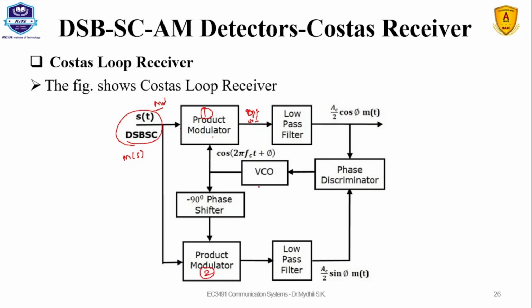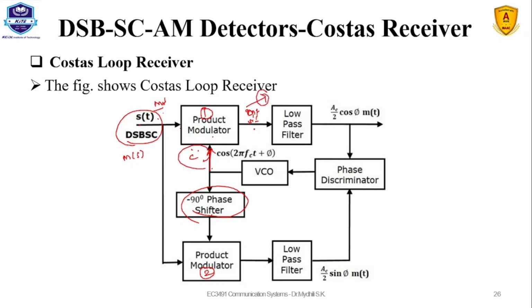For this case, we have a local oscillator, a voltage control oscillator, which produces the carrier as direct input to product modulator 1, whereas for the second modulator it is phase shifted and fed as input. Finally, this produces two product outputs with respect to message and carrier.